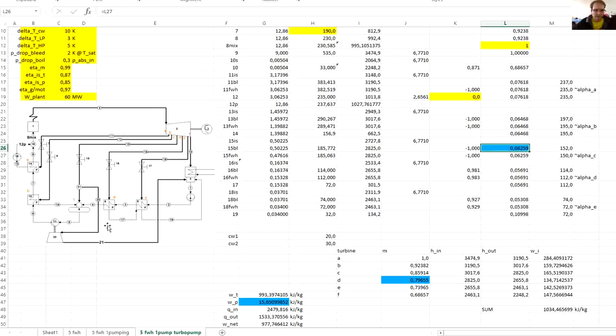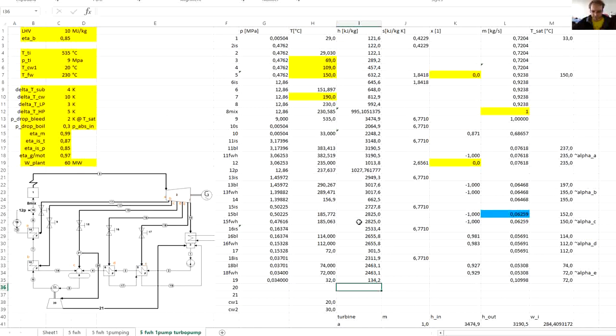And the other one, we will add two other streams, points 20 and 21, which will be the inlet and outlet of the turbine. So now the thermodynamic states at point 20 will be the same as at the stream 15 going to the feedwater heater.